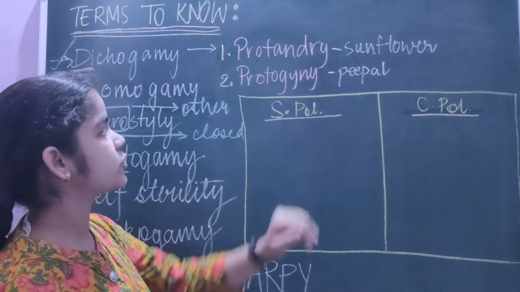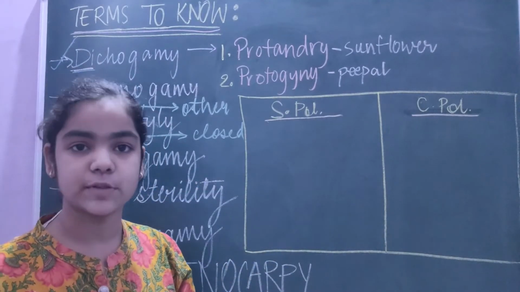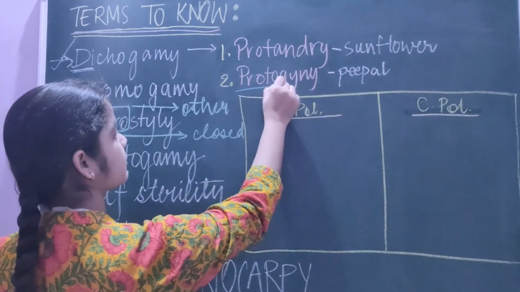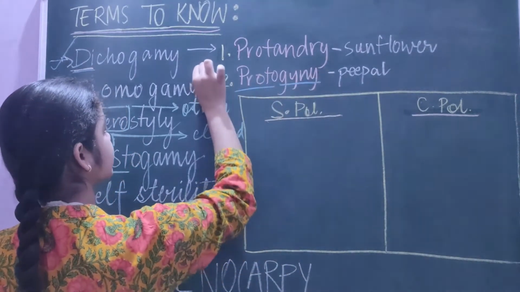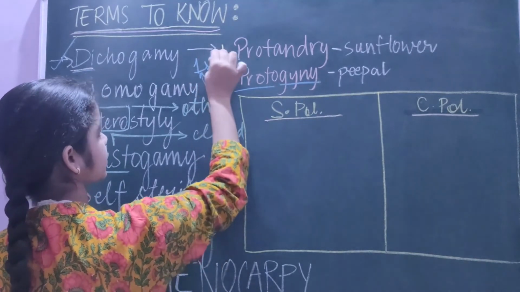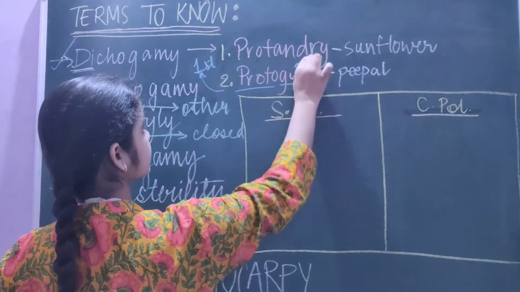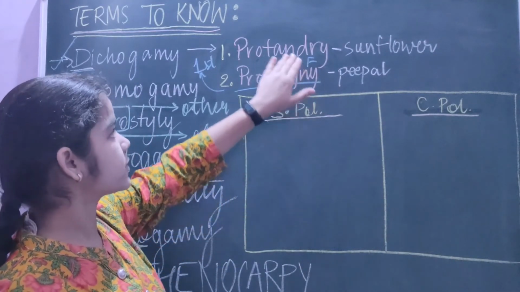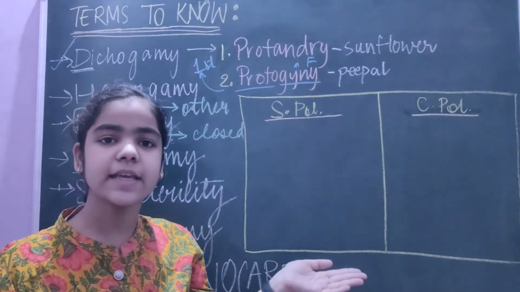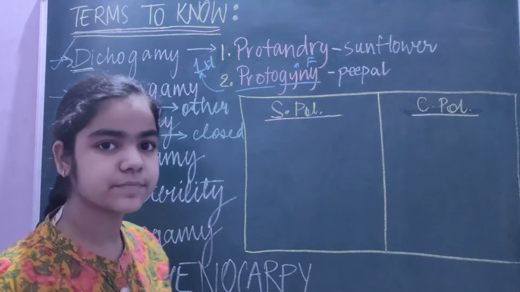Second one is protogyny. Proto simply means first and gyne means female. So when it's first maturation of the female part, then it is protogyny. Except for protogyny, if you see something else, then it means simply the maturation of anther.